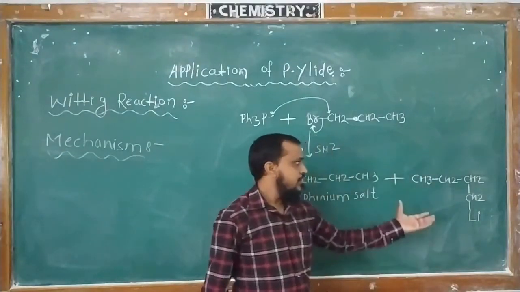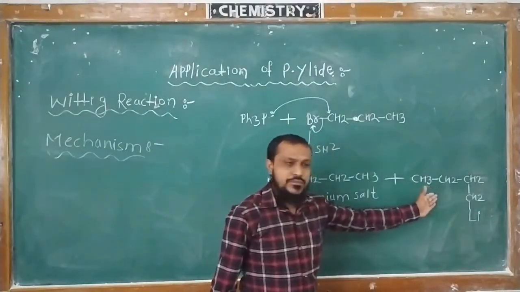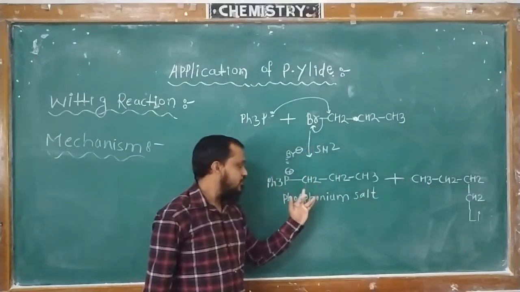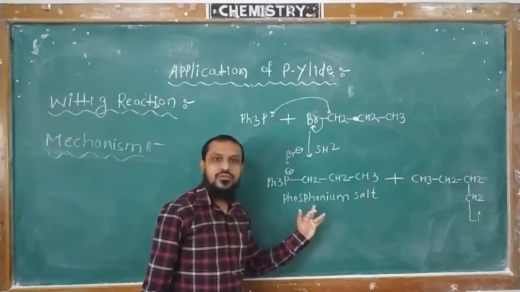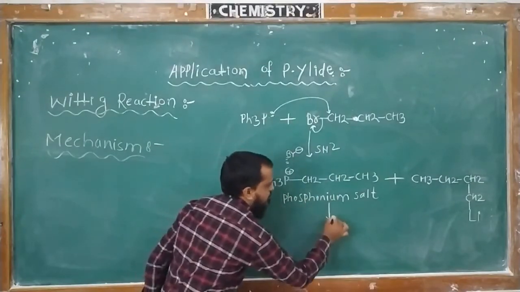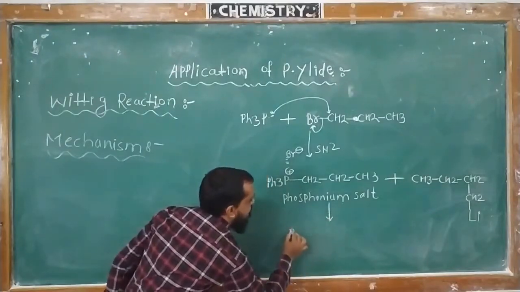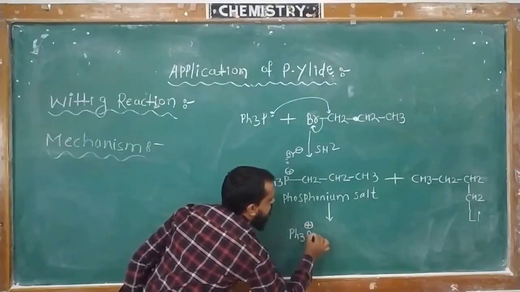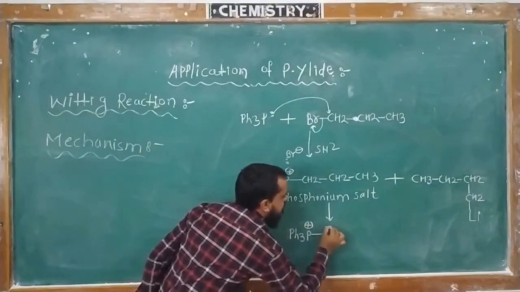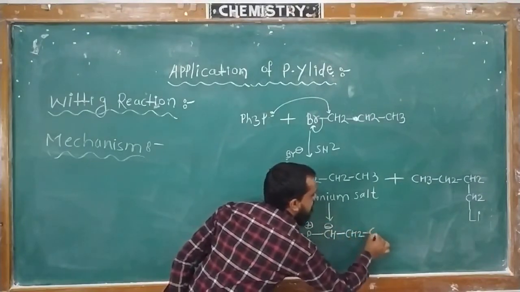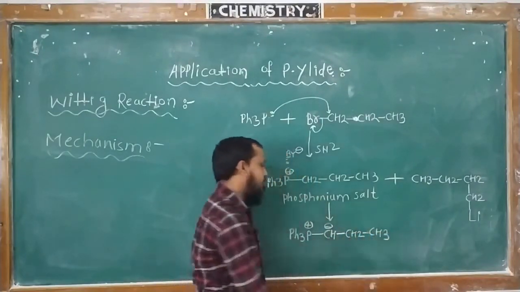We know that a strong base extracts one proton from that carbon atom and converts the phosphonium salt into phosphorus ylide: Ph3P positive, single bond, CH negative, CH2, CH3. This is the phosphorus ylide.